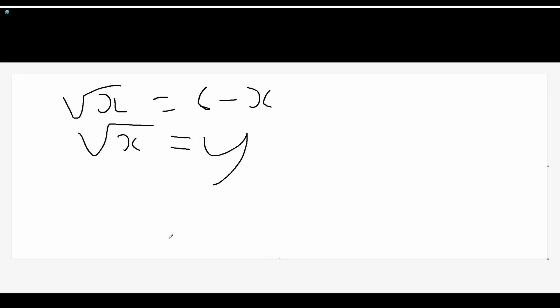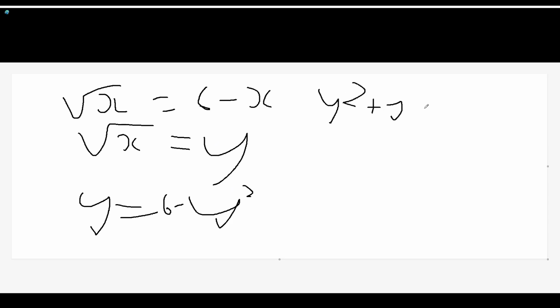Okay, so now from here you can retranslate this as y equals 6 minus y squared, because remember, if root x is equal to y, then squaring both sides would logically make x equal y squared. Okay, and then this gives you a nice simple quadratic. y squared plus y minus 6 is equal to 0. So obviously we're going to get y equals 2 and y equals negative 3, right?